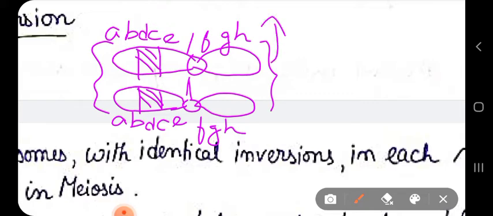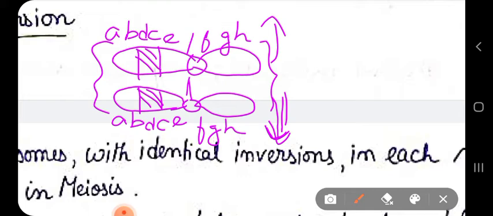They will easily migrate to opposite poles and be distributed among the daughter cells. So it cannot be detected cytologically in case of chromosomes where both sets have an identical inverted segment.